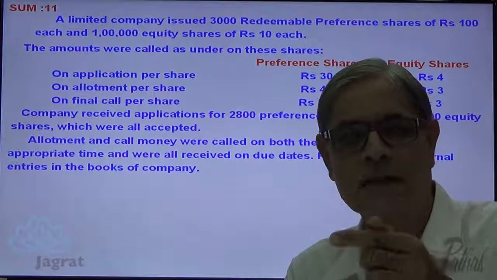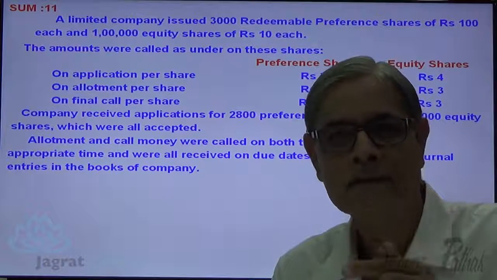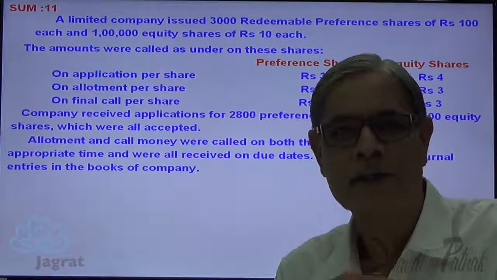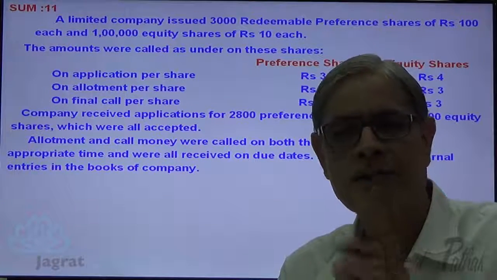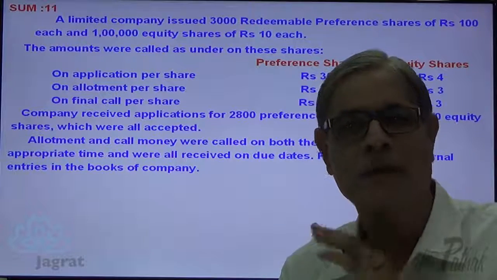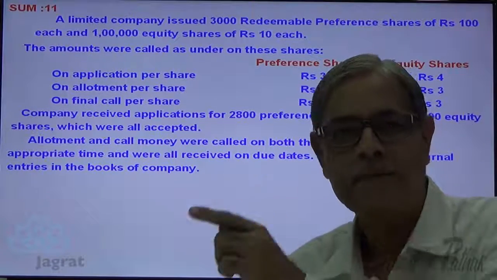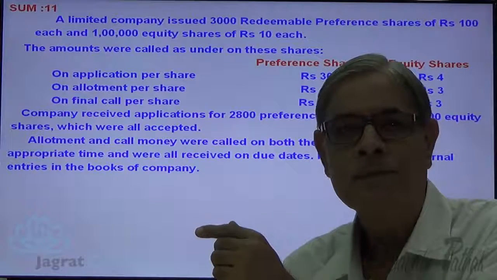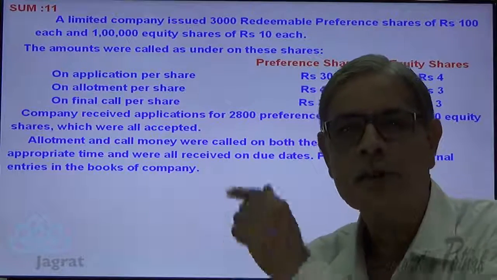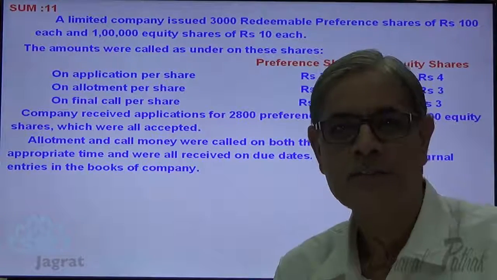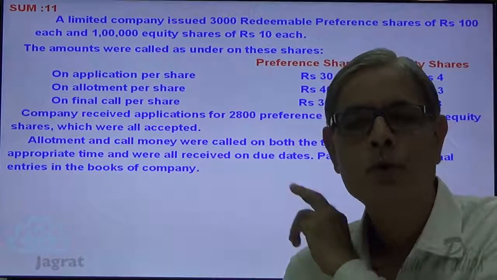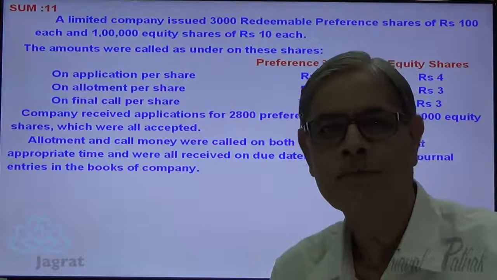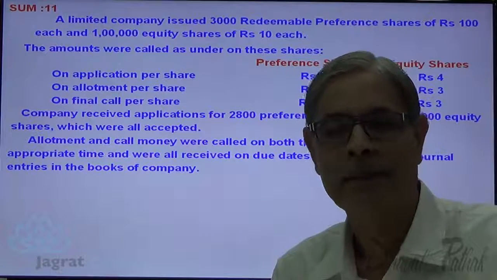Then we shall allot to the applicants of preference shares, and the amount of application received on preference shares will be transferred to preference share capital account. Then we shall allot equity shares to the applicants of equity shares, and the application money received will be transferred to equity share capital account. This is the fourth entry.